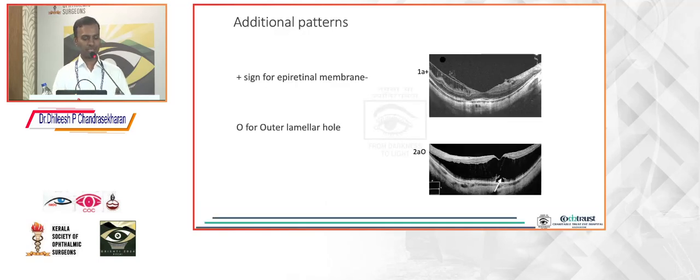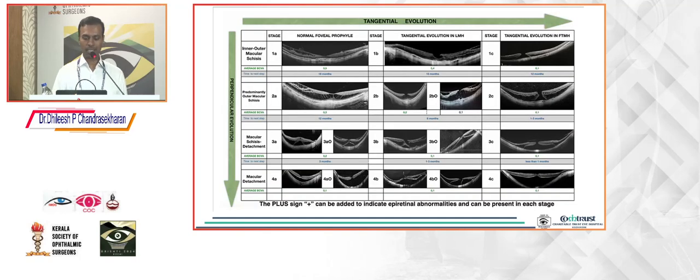Additional patterns which are associated are denoted by suffixes, like a plus sign for the presence or absence of epiretinal membrane, and an O for presence of outer lamellar hole, as you can see here. So describing the entire stages in the same slide, you have the tangential traction evolving along the x-axis. You have the stages that we described earlier here on the top, and on the vertical axis you can see the retinal patterns that I described earlier.